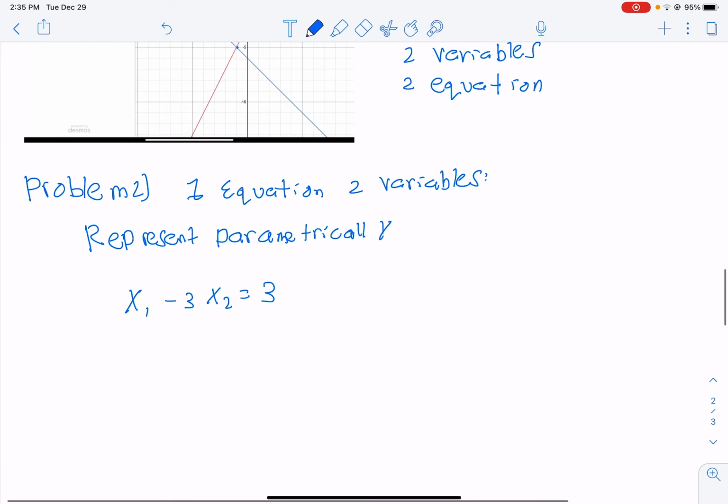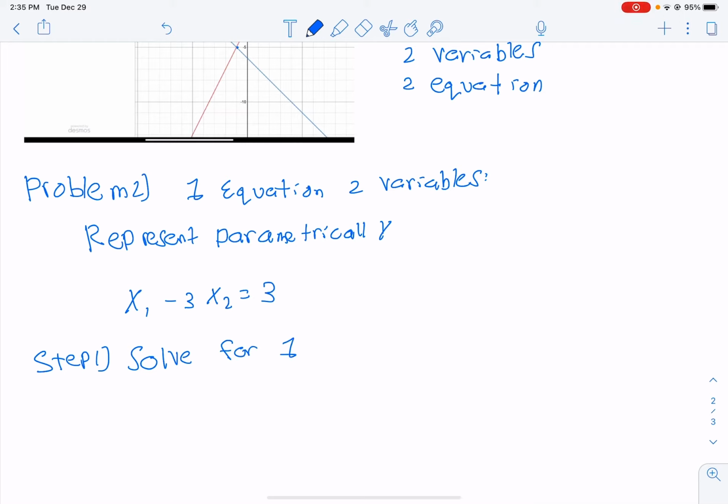Well, I'm just going to solve for one variable. So, step 1, solve for one variable. That means x1, adding 3x2 to both sides, I get x1 equals 3 plus 3x2.